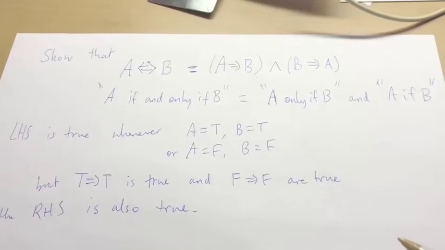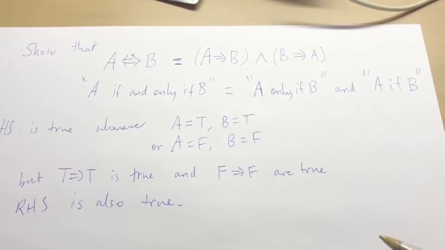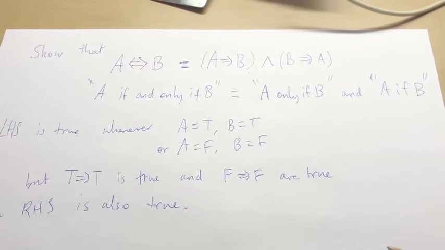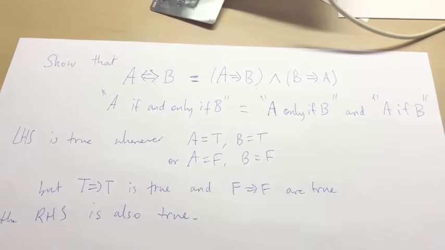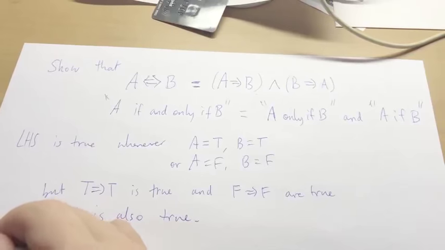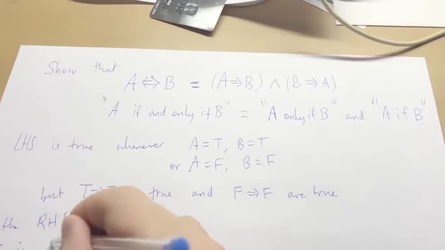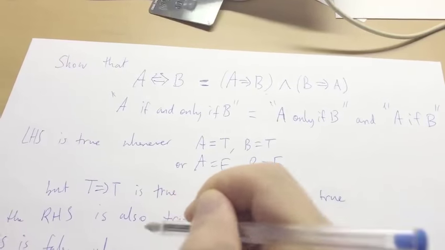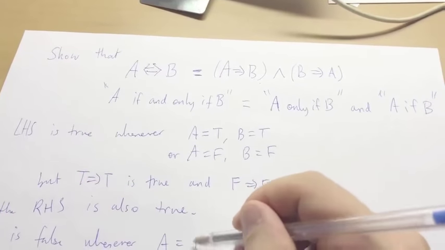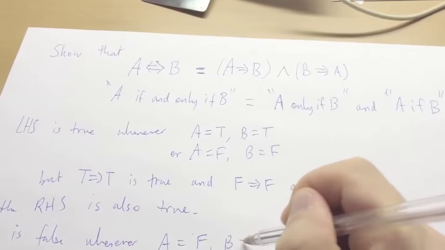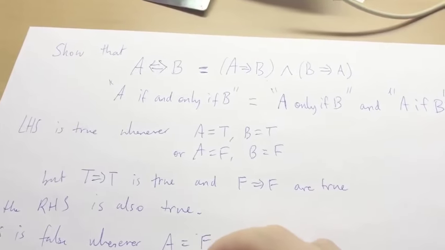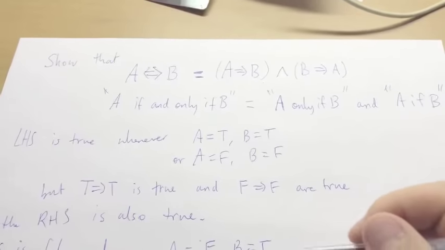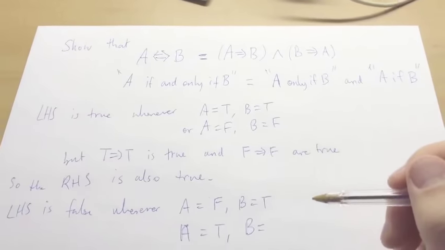Okay, and what about when it's false? Well, the left-hand side is false when A is false and B is true, or A is true and B is false. And these are all the possible combinations of A and B truth values, by the way.